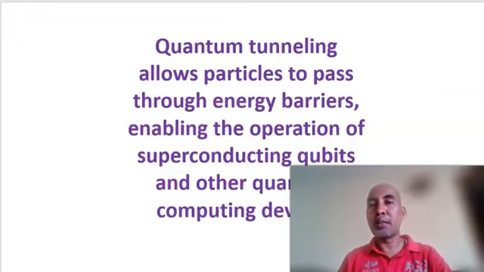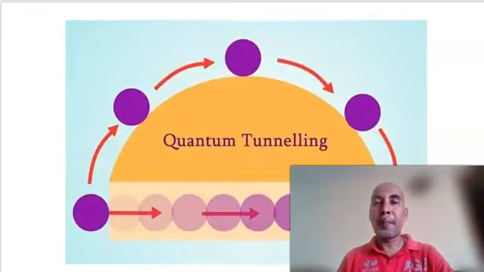Another important thing is quantum tunneling. That allows the particle to pass through unpassable energy barriers, enabling the operation of superconducting qubits and other quantum devices. For example, a person trapped inside a huge well cannot come out without the support of other people. Generally it is not possible by climbing that very tall wall.